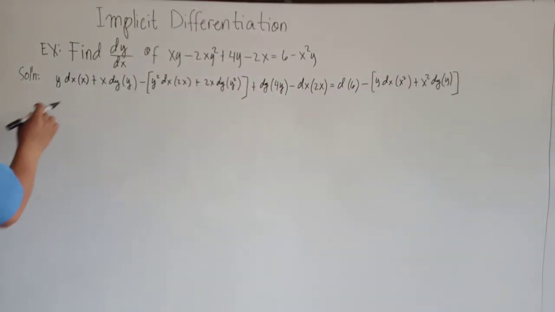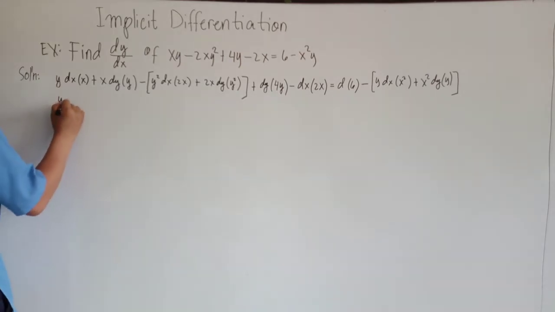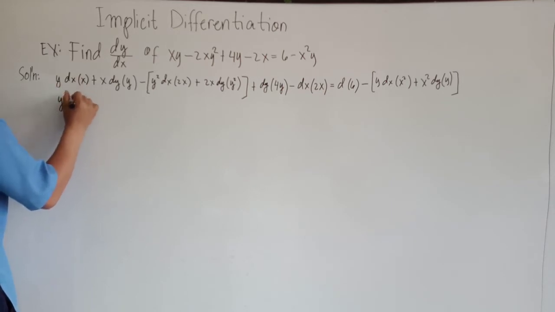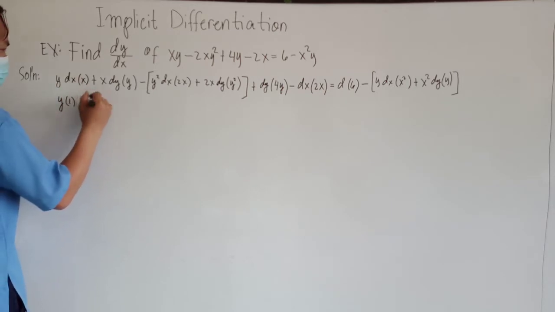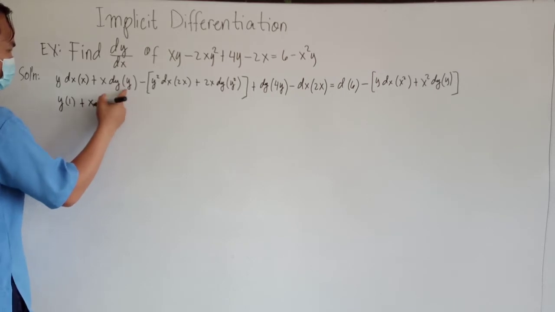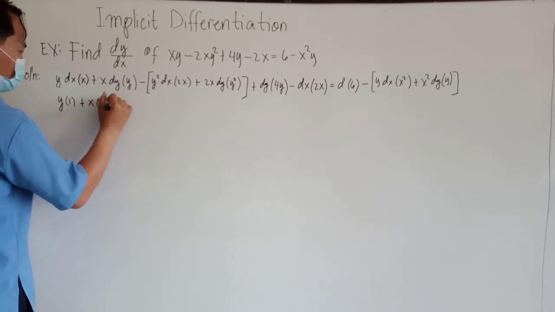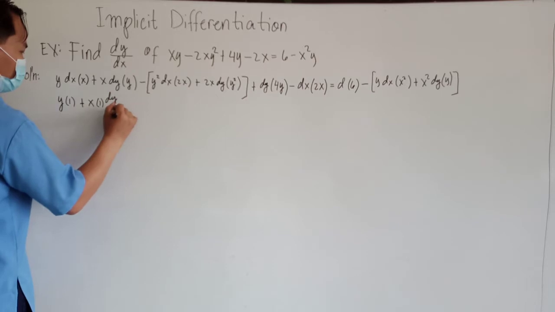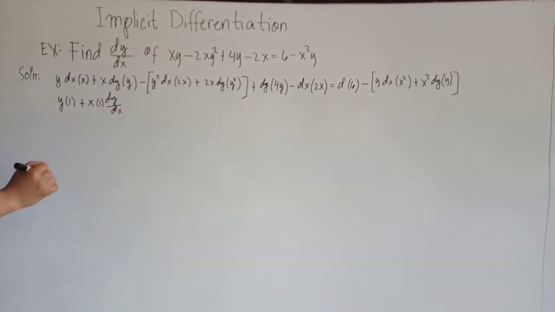Next, copy this one. We copy the variable y, then we have dx, the derivative of x is 1. Plus x, the derivative of y is 1, then we write down dy over dx.